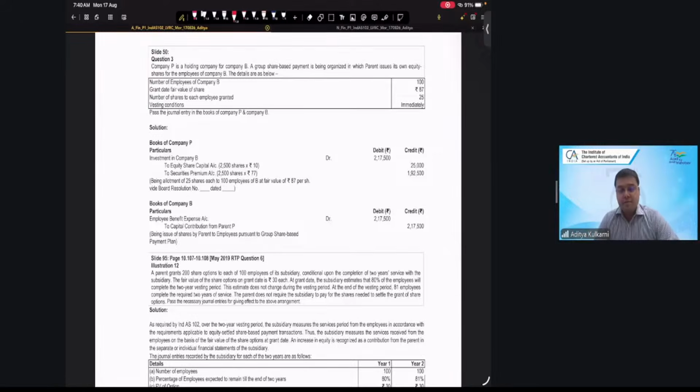In the books of the subsidiary, what can I credit? Can I credit equity? Answer is no. So therefore, in the books of the subsidiary, you will pass the entry employee benefit expense account debit to capital contribution from parent. Are we okay with this? Yes.